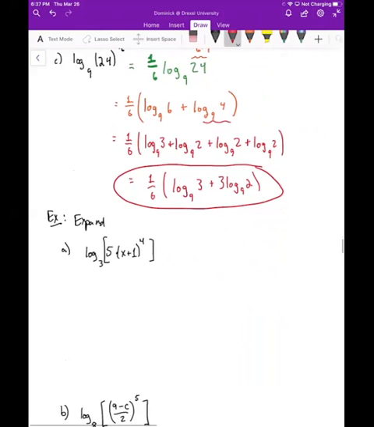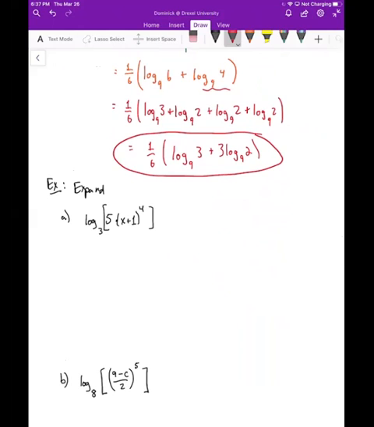You now have variables involved. Of course, the first thing that we see here is the power, but it's not applied to the 5. So the first thing that jumps out is this multiplication. So that's what we're going to handle first. So this is log base 3 of 5 plus log base 3 of x plus 1 to the 4th.